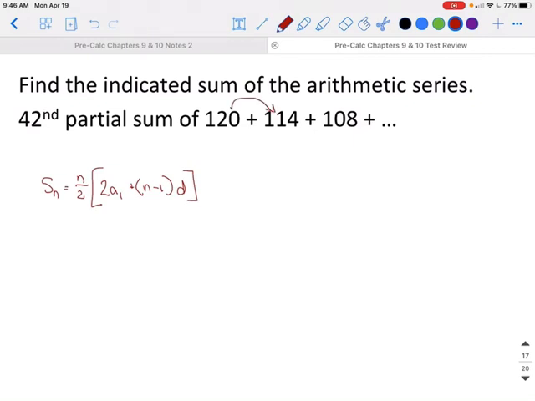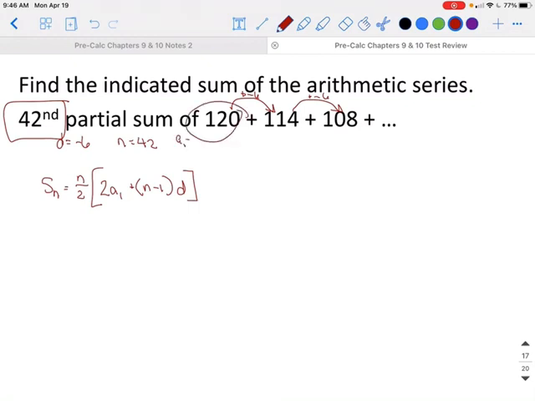So our common difference, to get from 120 to 114, we're adding a negative 6. And to get from 114 to 108, again, you would add a negative 6. So we do know that our common difference is negative 6. We are finding the 42nd term, so our n value is 42.